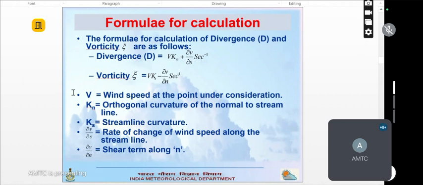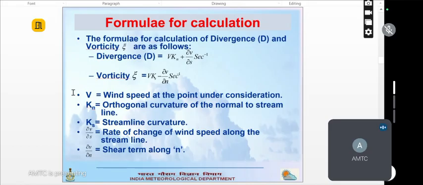Okay, next is the dimension. What do you want from dimensions? Orthogonal to the normal to streamlines means the streamlines are there, you draw a normal to them and you have an orthogonal curve. And that orthogonal curve will tell you the measure of expansion or contraction.